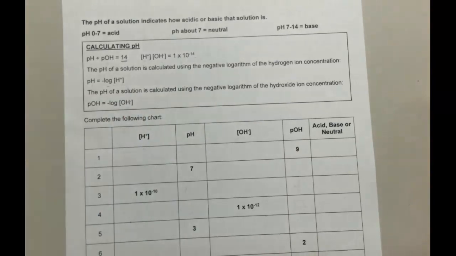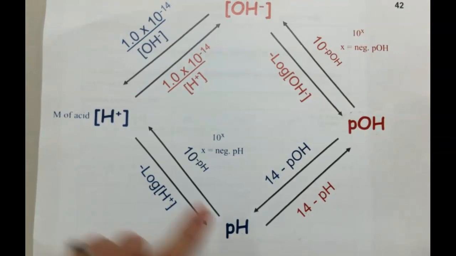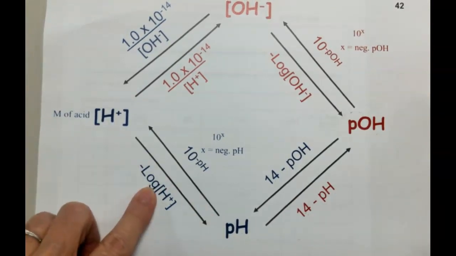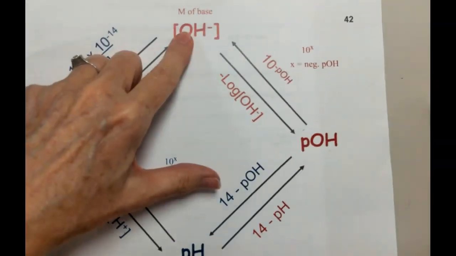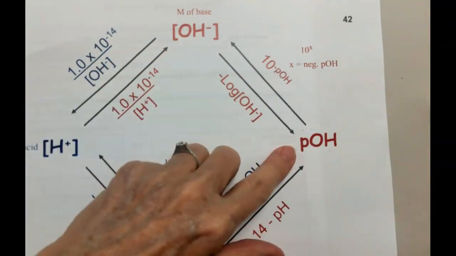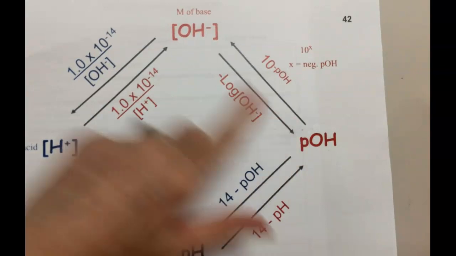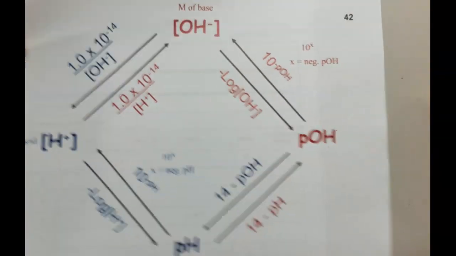Our chart here shows us that if I want to calculate pH from hydrogen concentration, I'll take the negative log, that's logarithm, of the hydrogen concentration. If I want to go from hydroxide concentration to pOH, it's the same calculation but using hydroxide. Okay, so we're going to learn how to do that first, going from concentration to pH or pOH.